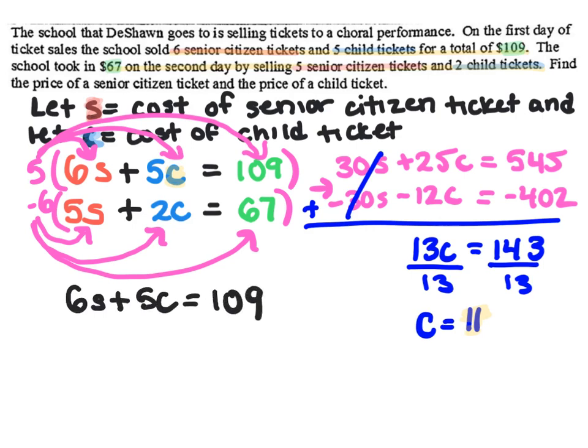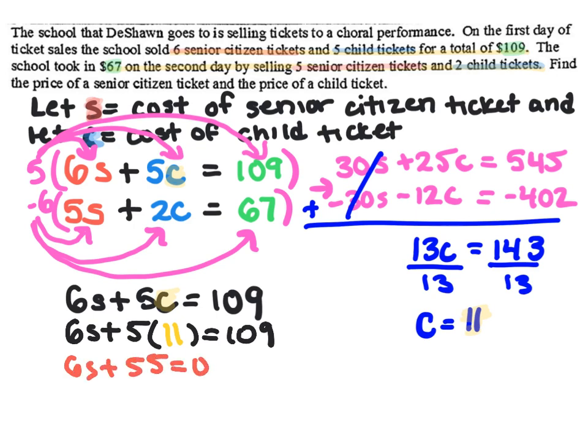So I'm substituting in for this c. So I would have 6s plus 5 times 11 equals 109. And if I continue solving, that would give us 6s plus 55 equals 109.